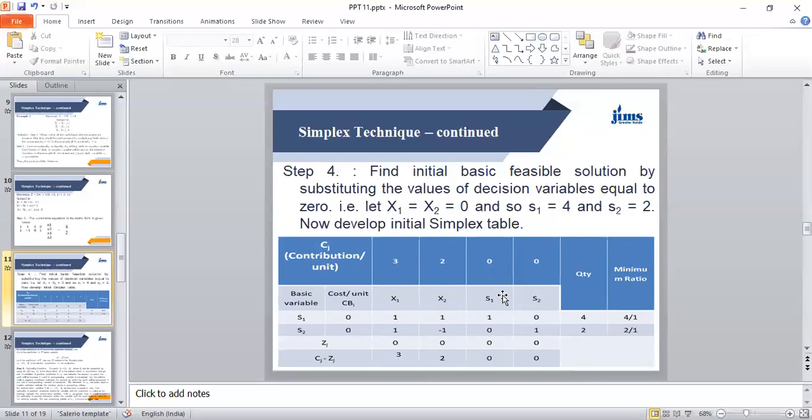If you learn it correctly, then chances of committing mistakes at a later stage are reduced substantially. So let us consider this problem.